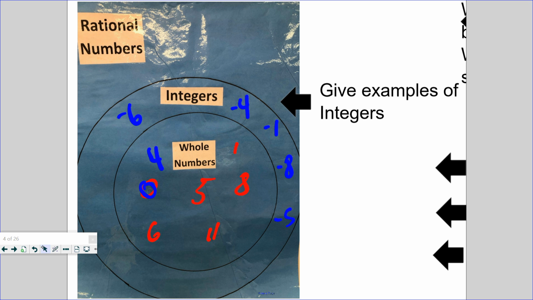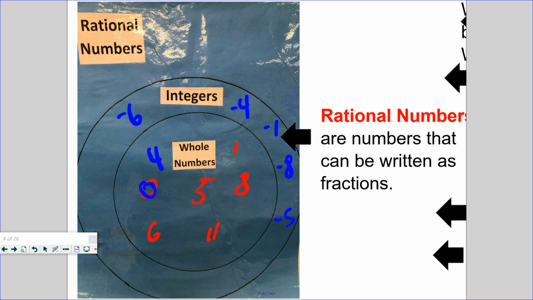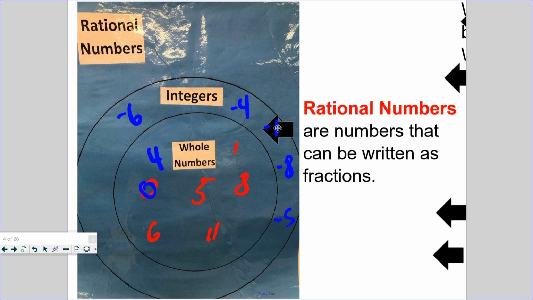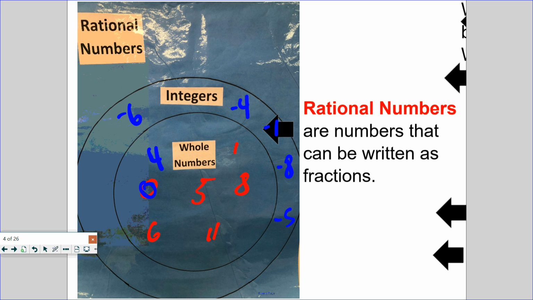So our next thing I would like to talk about: rational numbers. Rational numbers are numbers that can be written as a fraction, like in fraction form. So can you think of some examples of rational numbers? Like 1/2, 3/4.